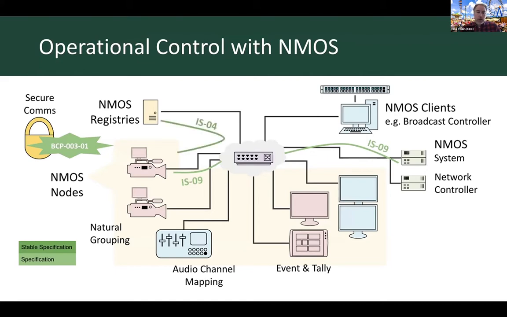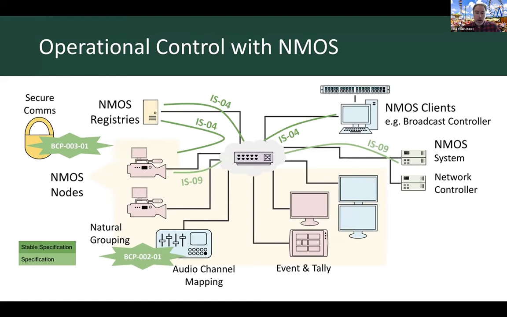Then the device will register itself in the NMOS registry. So senders and receivers that are in those devices will register themselves, so that the controller can query that registry and be aware of everything that's currently online in the system.